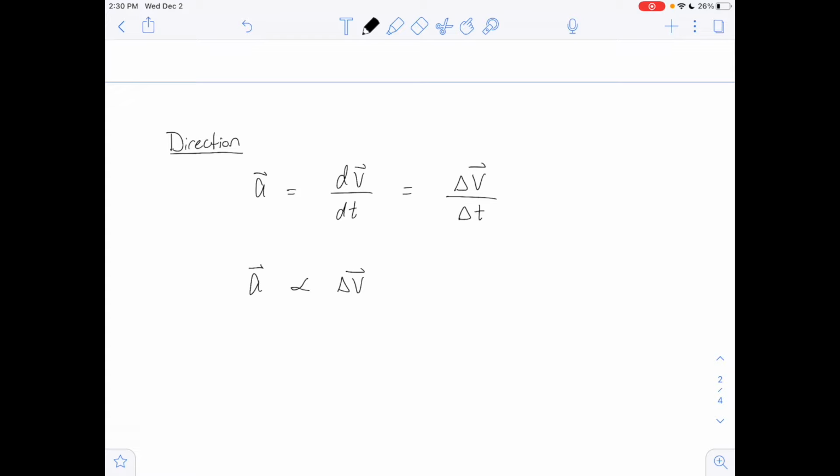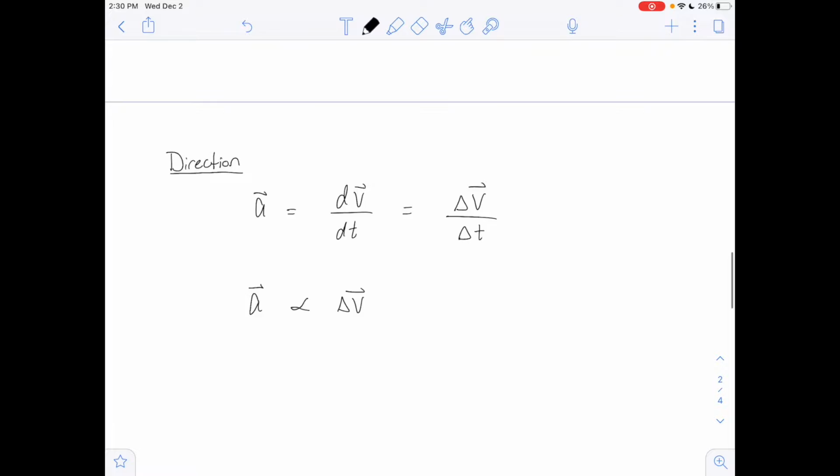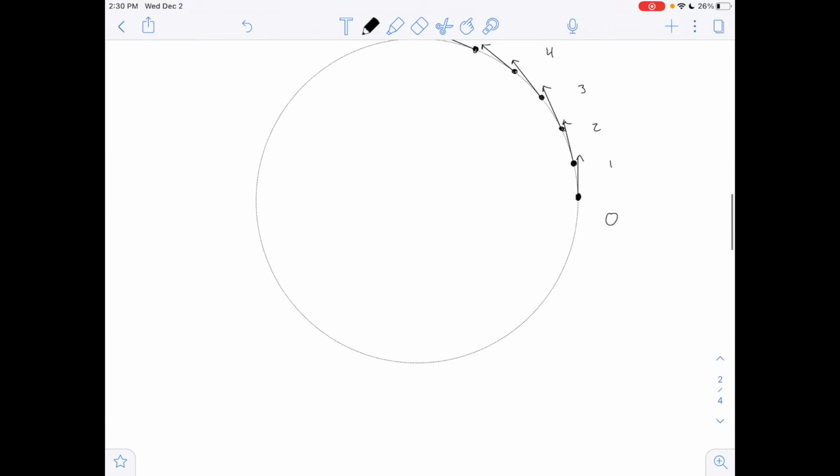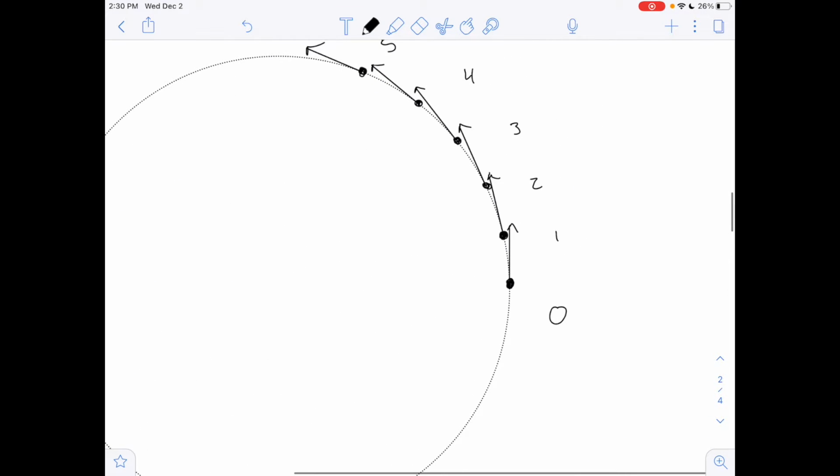So let's go ahead and try to figure out the direction for acceleration for that first time interval. So if we look at our picture here, we want to figure out the acceleration when the object went from position 0 to position 1, from time 0 to time 1. So what is this acceleration here? And we'll call that a0. And again, we're just looking at the direction here.